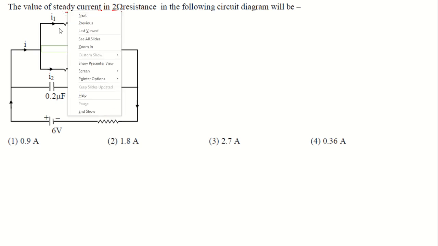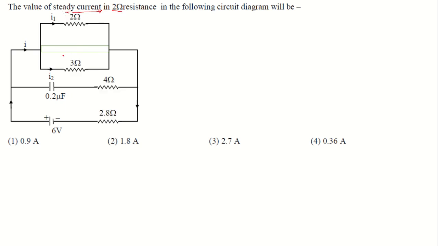But here, if you just analyze the circuit, there is a presence of a capacitor. And hence the word steady current. Keep in mind, a capacitor allows varying current to flow through it.